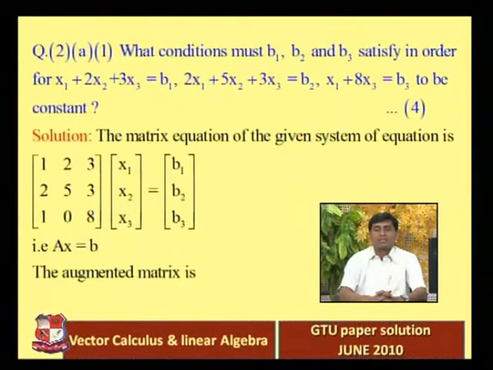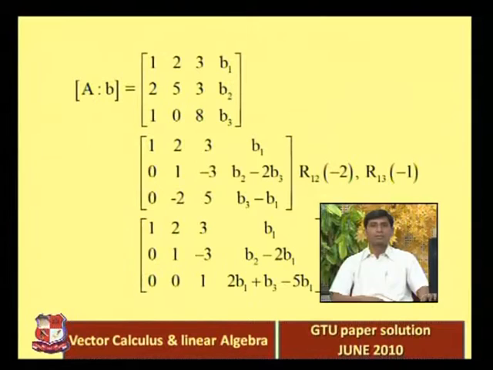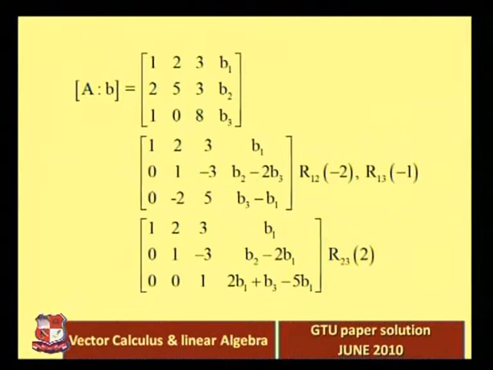So the matrix 1 2 3, 2 5 3, 1 0 8 times x1, x2, x3 is equal to b1, b2, b3. So here is our augmented matrix: 1 2 3 b1, 2 5 3 b2, 1 0 8 b3.